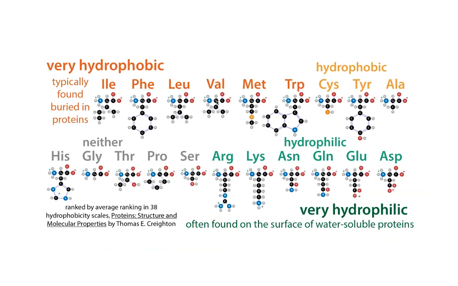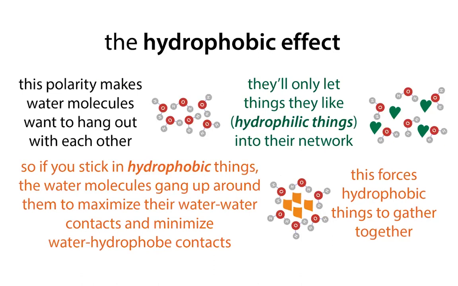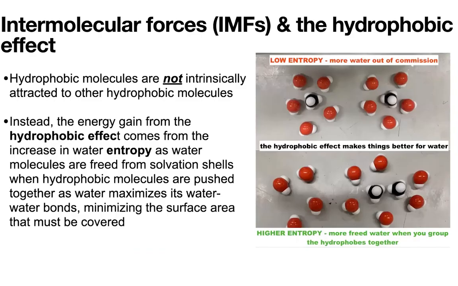But when you have something like valine, something nonpolar, there's nothing to offer the water. And so water's like, I'm going to find other options. I'm going to maximize my interactions with water molecules and minimize my interactions with you. This leads the water to clench around those hydrophobic things.